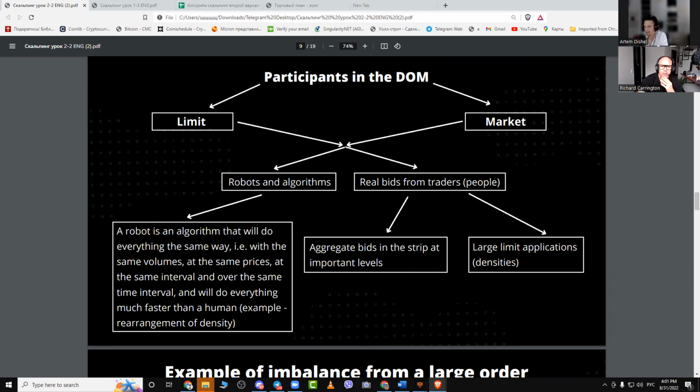Limit robots and algorithms, limit real bids from traders, real people, and market robots and algorithmic, real bids from trading people. And all these orders, you can find a robot. How to find a robot? It's easy. Robots and algorithms will do everything the same way, with the same volume, the same price, the same interval, and over the same time interval.